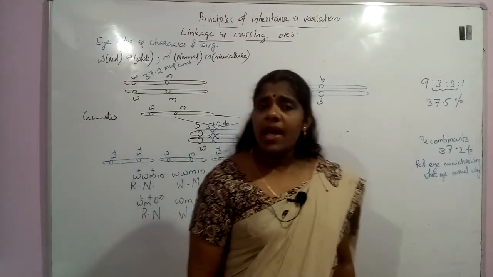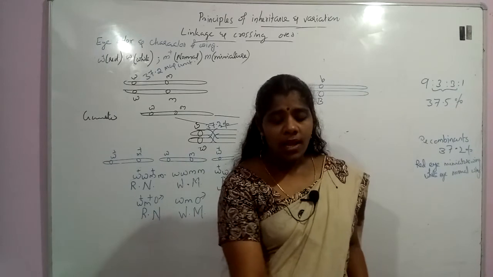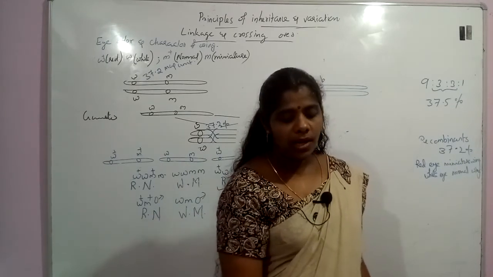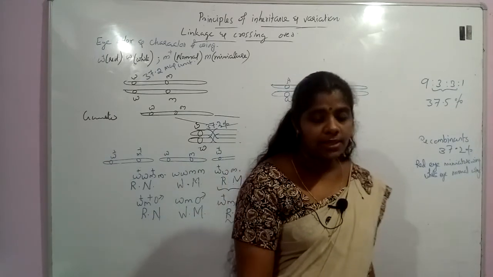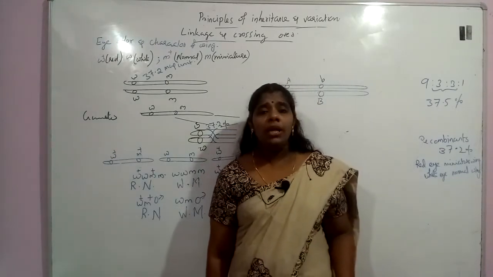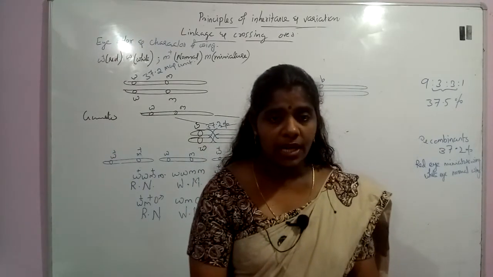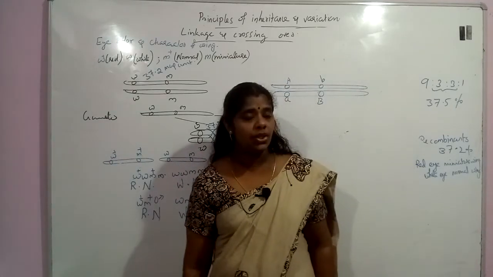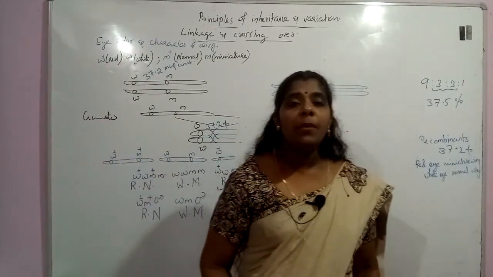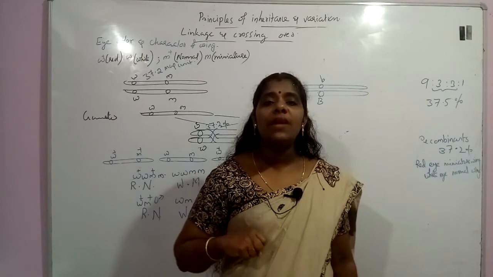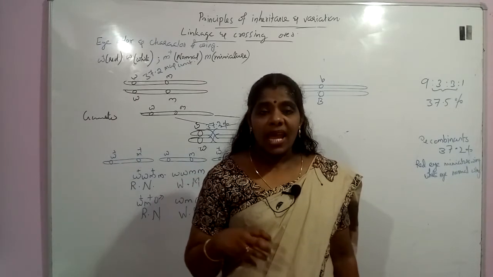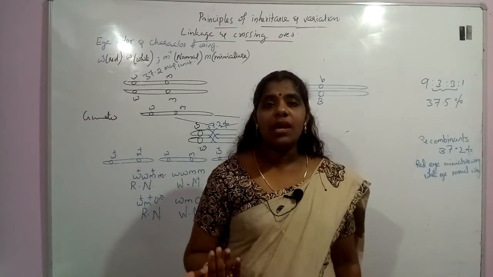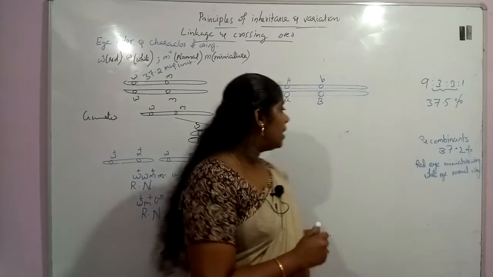Now there are certain factors which affect crossing over or recombination. Note them down, as this is a question asked before. Recombination or crossing over is affected by age. As age increases, the crossing over frequency will be reduced.